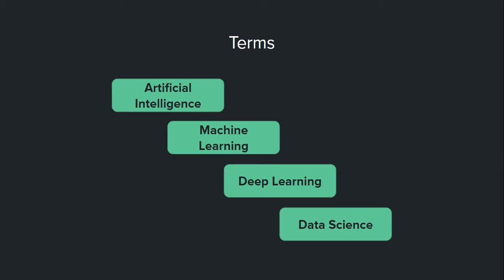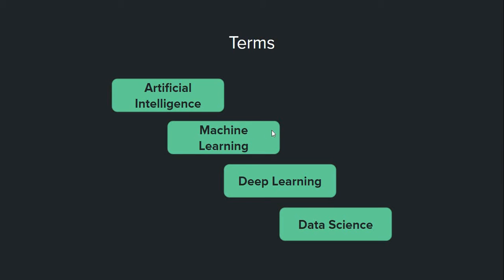We humans regard ourselves as the most intelligent species on this earth, right? So when we say artificial intelligence, when we give computers or machines the ability to think and reason like humans, that's what we refer to as artificial intelligence.